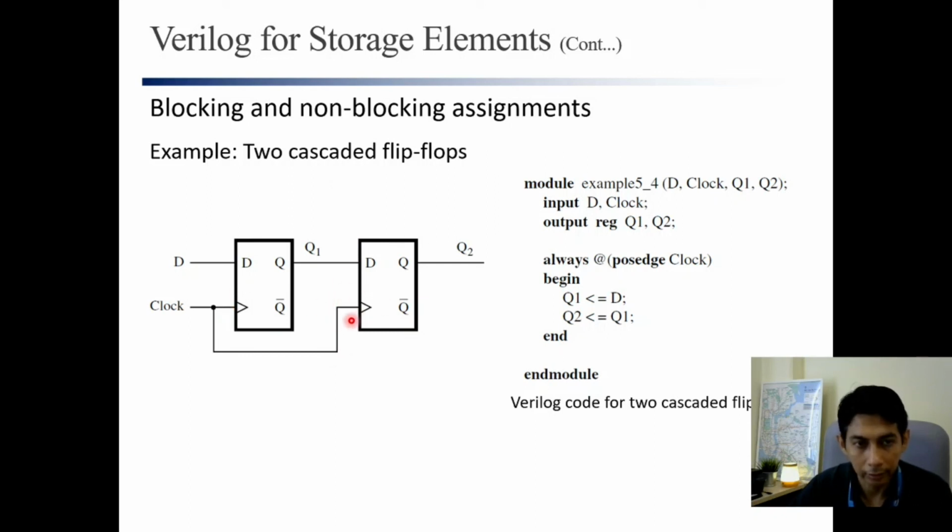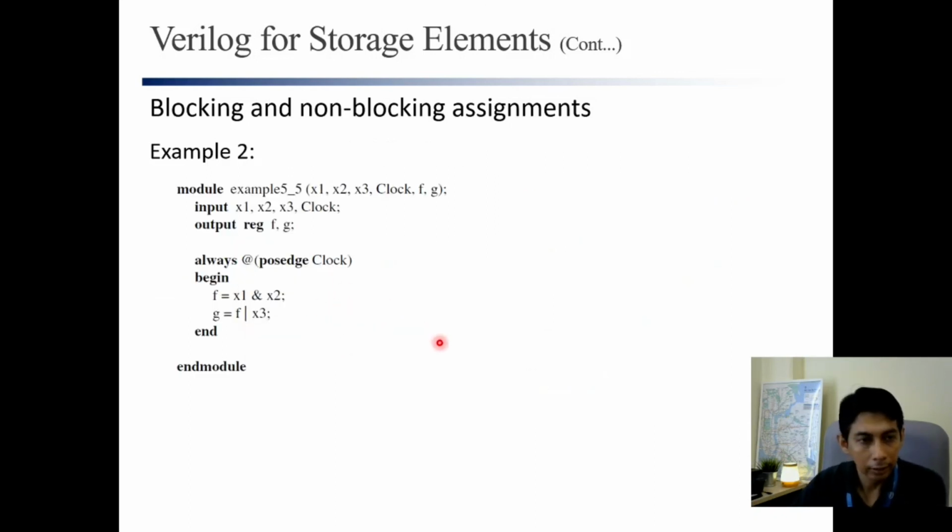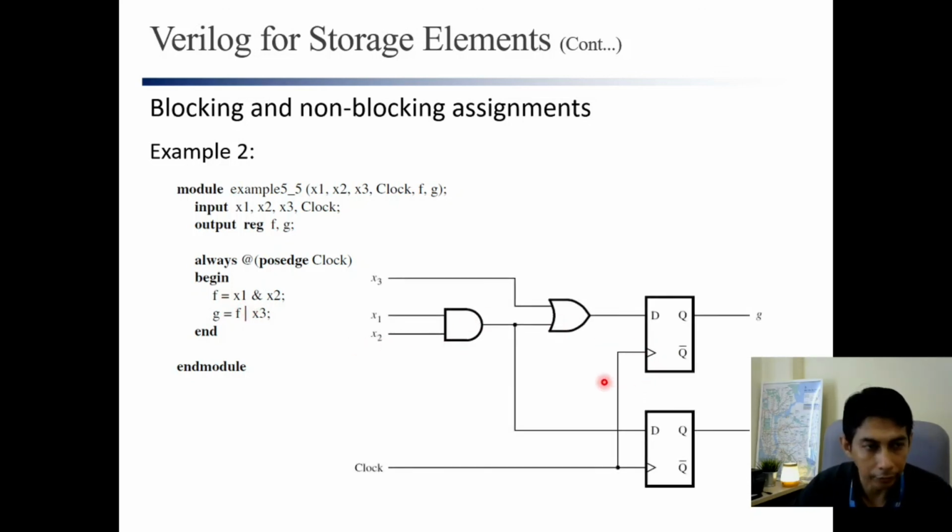Again, another example here. When we use blocking assignment here, see, when we use the equal sign, it means we use blocking assignment. So when we use blocking assignment here, we will get this kind of circuit.